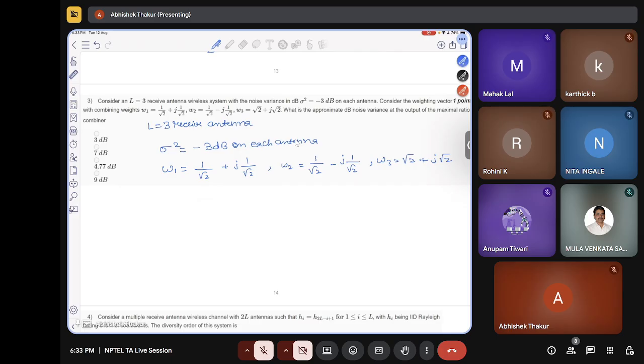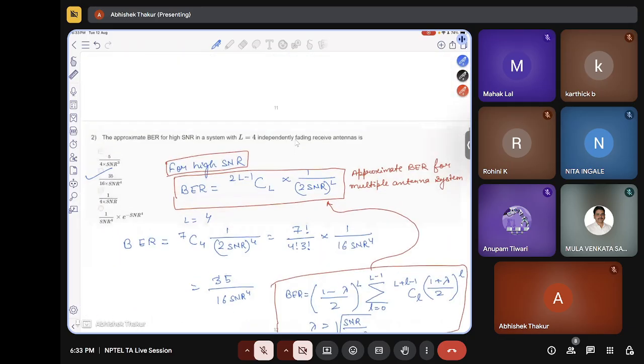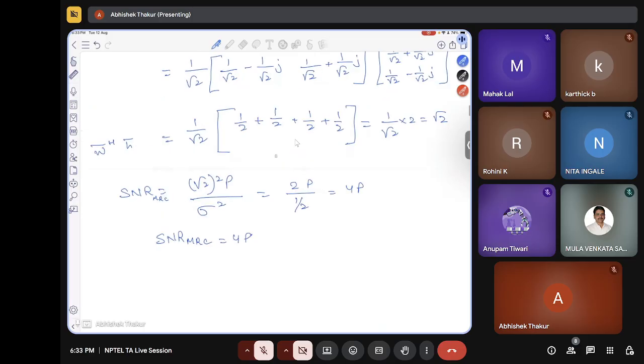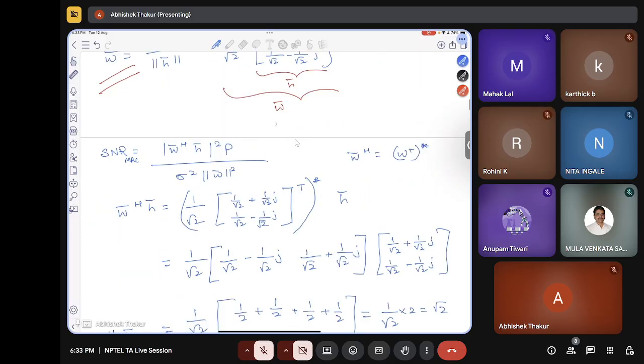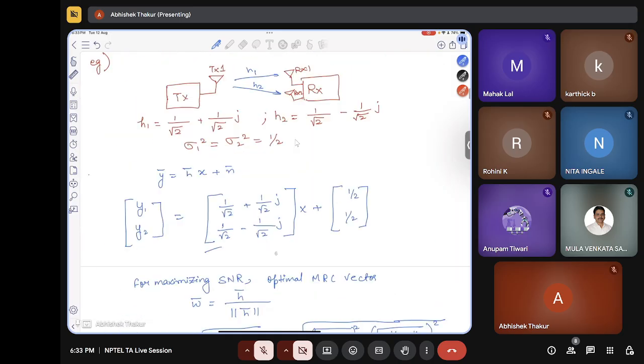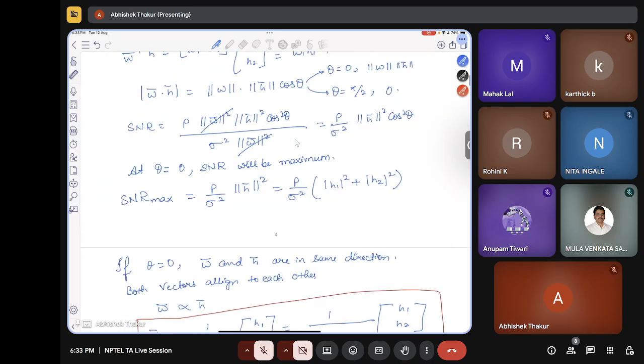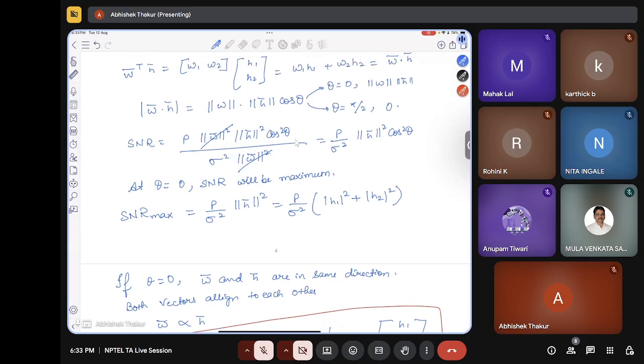So what we will do? We have to find actually what is the approximate dB noise variance. For the maximal ratio combiner, what we have seen, it is sigma squared and magnitude of W square. So here you can see, for noise, this is the term.